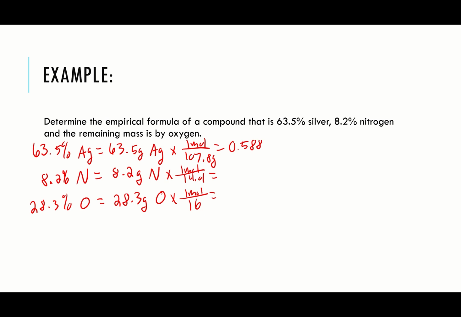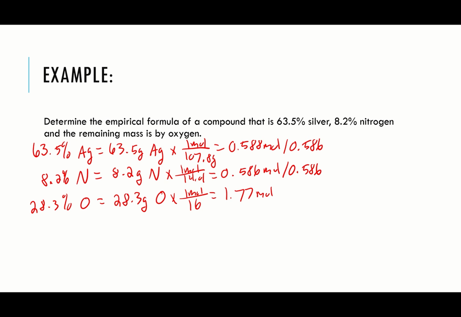So for silver, we're going to have 0.588 moles. For nitrogen, we're going to have 0.586 moles. And for oxygen, we'll have 1.77 moles. Now that we've got the moles of these substances, we can go ahead and take a ratio. So we're going to take the smallest number here, which is 0.586, and divide them all by 0.586.